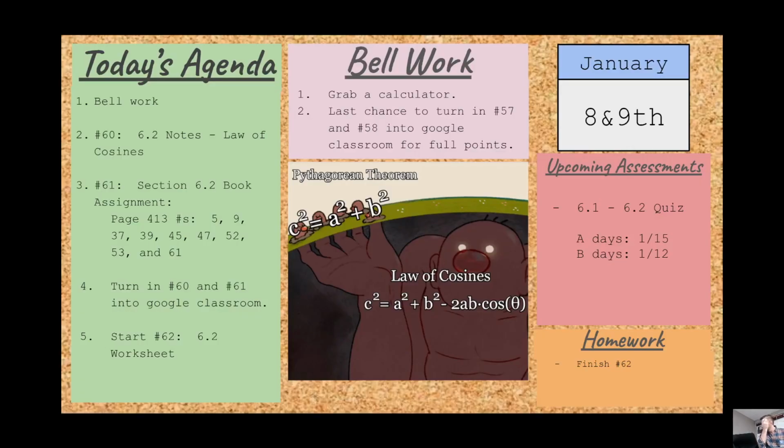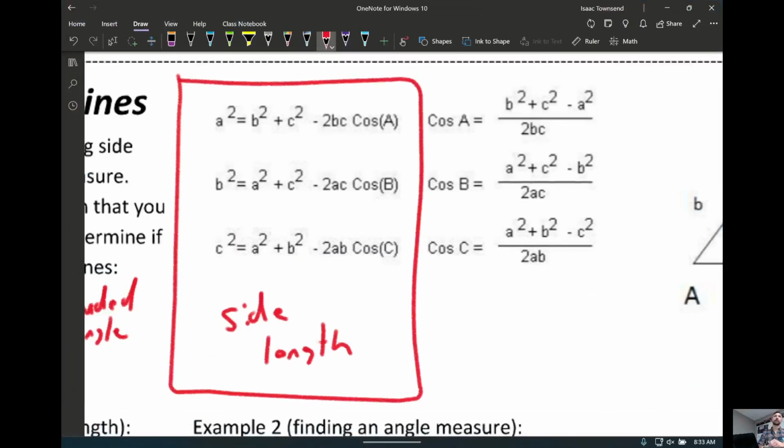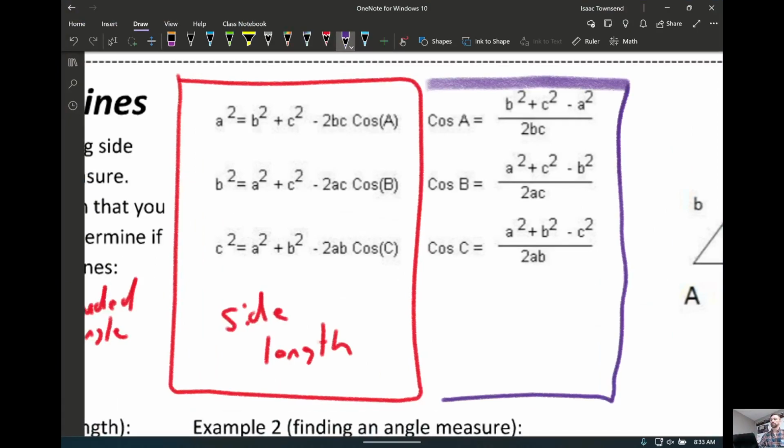Oh, I'm sorry, I forgot part of this bell work here. If you guys did not turn in the notes 57 and that like 9-question book assignment 58, if you did not get that in the Google Classroom like I asked last time, or for homework, you need to do that right now, because in a minute, as soon as we go over these notes, I'm going to finish putting in the last grades.